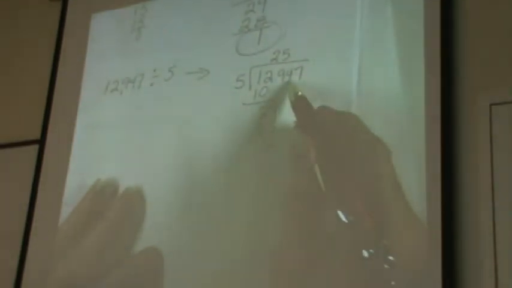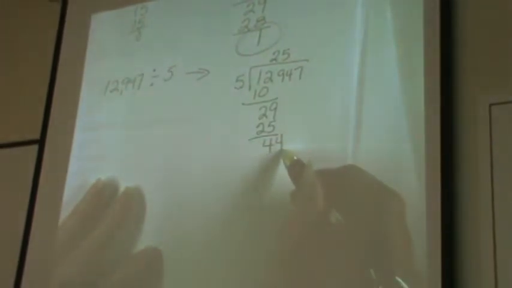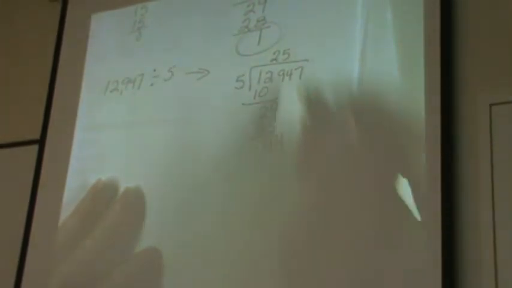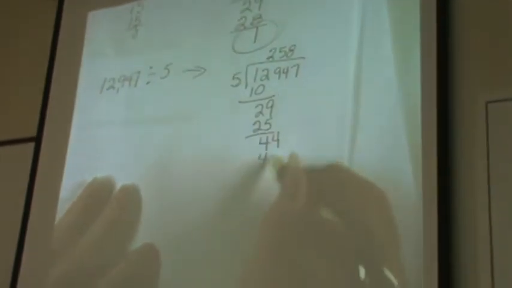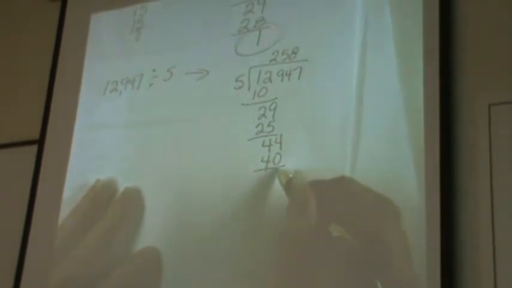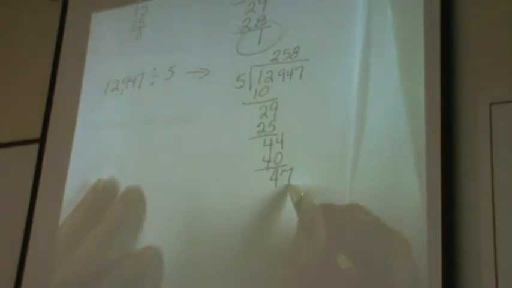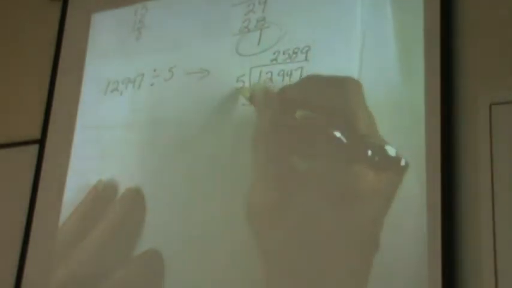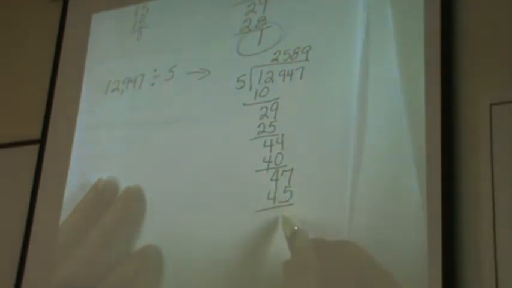Bring the next 4 down. 5 into 44. 8. 8 times 5? 40. Subtract it. 4. Bring the 7 down. Okay, 5 into 47. 9 times 5? 45. Subtract that. 2. So what did we write?